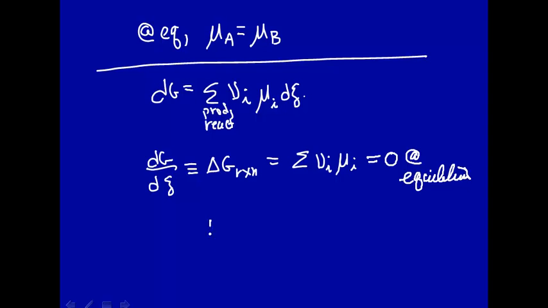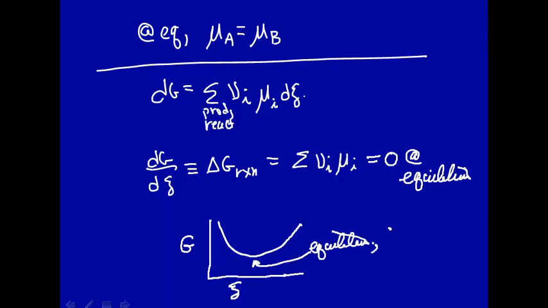In other words, if we look at G, and now we actually know what we're talking about when we put down here extent of reaction, we have something like this: it reaches a minimum and goes up this way. So right there is equilibrium, and how G changes with the extent of reaction is equal to 0 right there. The slope of this is 0 right there at the minimum. And furthermore, we're going to call this delta G of the reaction.